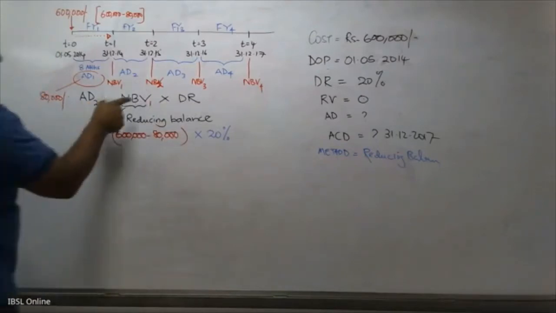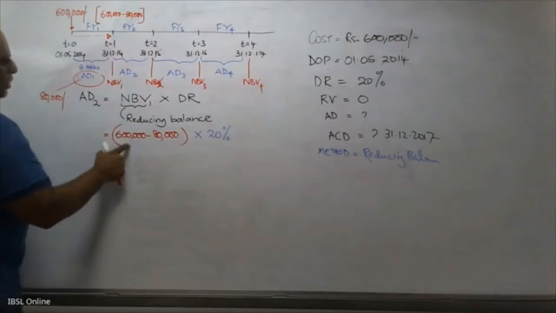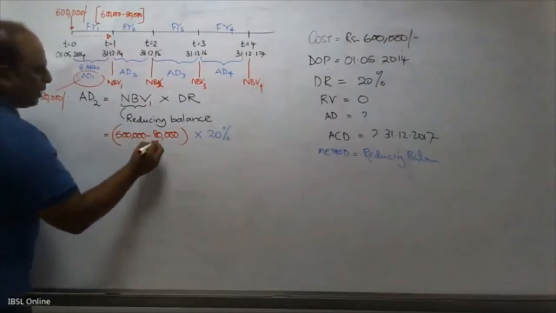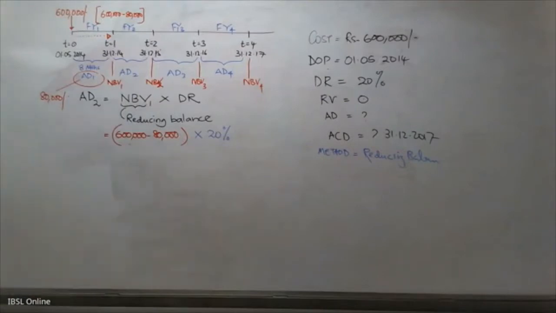So the net book value at the end of the year is 600,000, which is the cost minus my depreciation for the first year, 80,000. So when I calculate this, how much is it? 520,000. 520,000 into 20% means 104,000, is it?